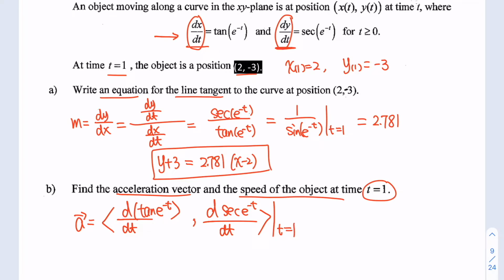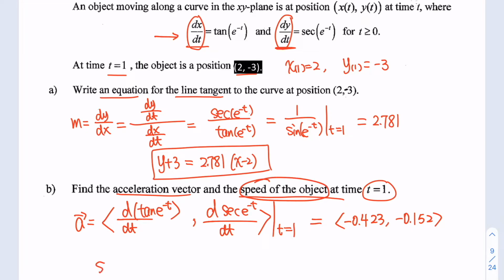You can use the math button on the graphing calculator, math number 8, to take the derivative and plug t equals 1 in. We get negative 0.423 and negative 0.152.